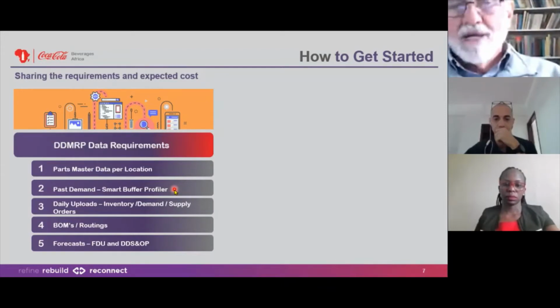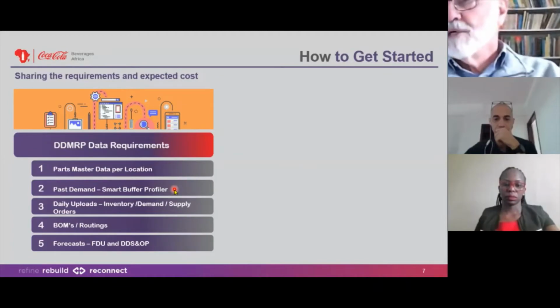And then on a daily basis, we need to understand what the current inventories are, what the current demand and the current supply is on each buffer. And we pull those in. It does the calculations, the net flow calculations, and determines what needs to be replenished, and what needs to be bought and what needs to be made.